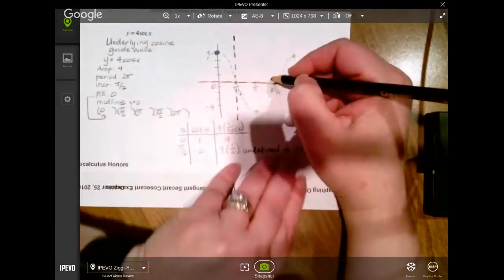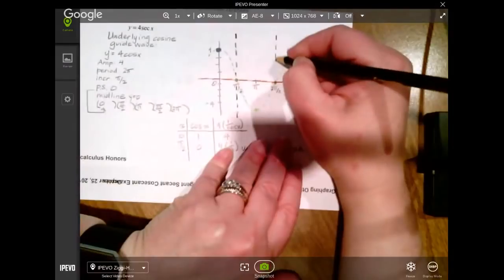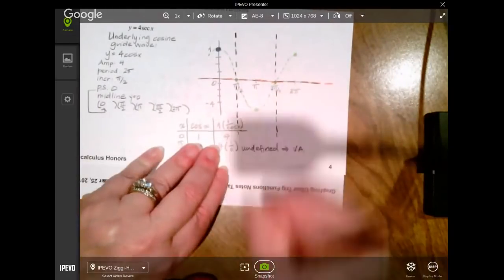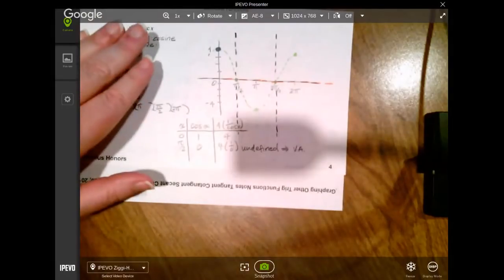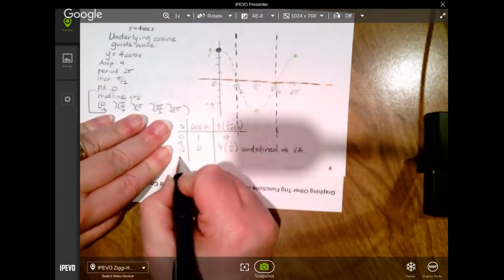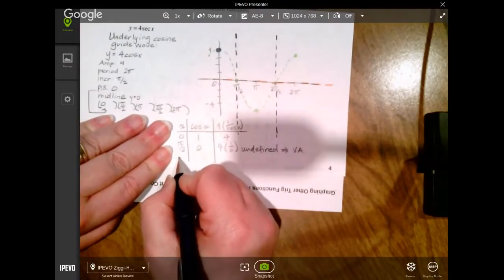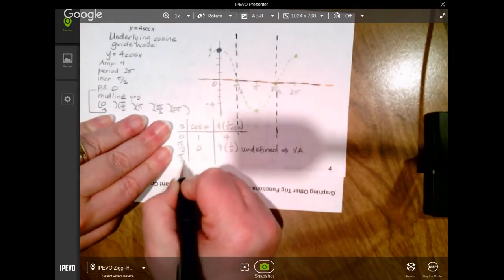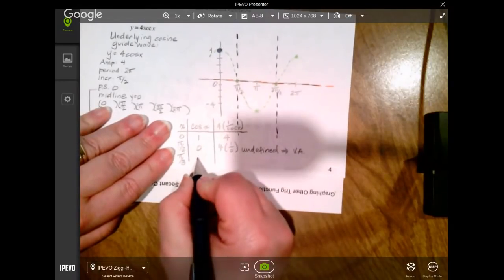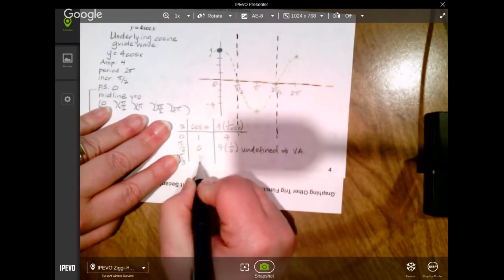And where's the cosine 0 again? At 3 pi over 2. So I know I'm going to have a vertical asymptote there. Okay, so last point to try to sell you on this underlying cosine technique. There's a nice point between 0 and pi over 2, which is pi over 3. And I like to use that because the cosine of pi over 3 is 1/2.